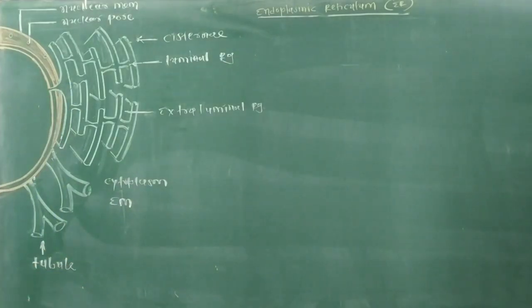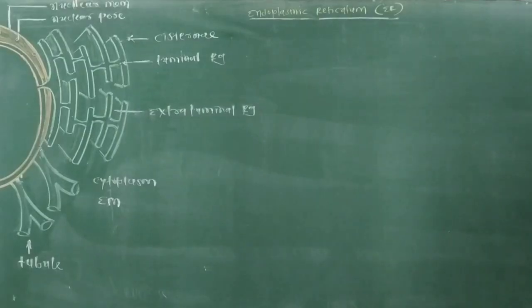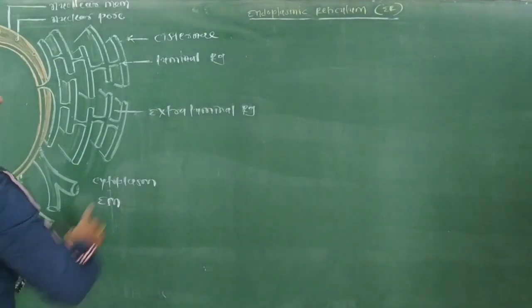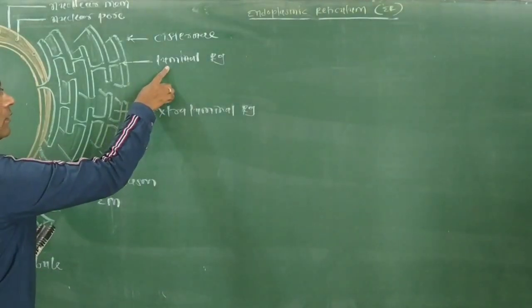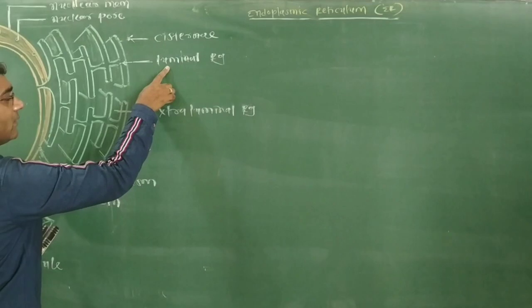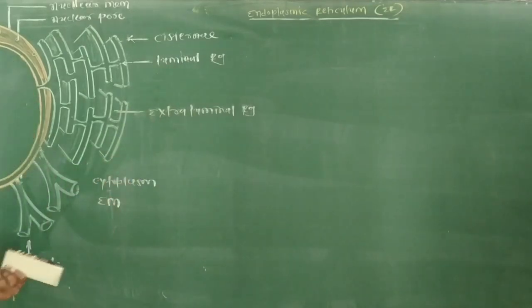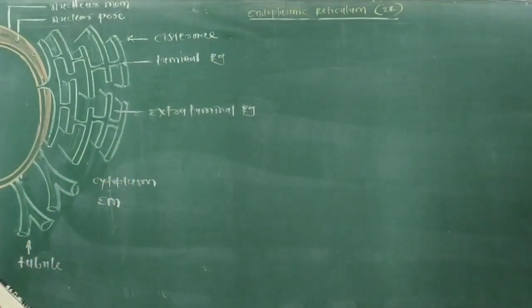Now, this endoplasmic reticulum is also divided into two types, rough as well as smooth. So there are two regions of a cell, luminal and extraluminal, with the help of the endoplasmic reticulum.